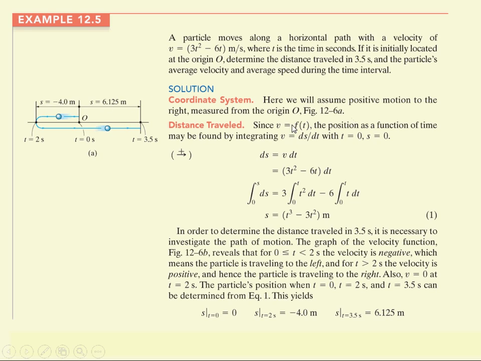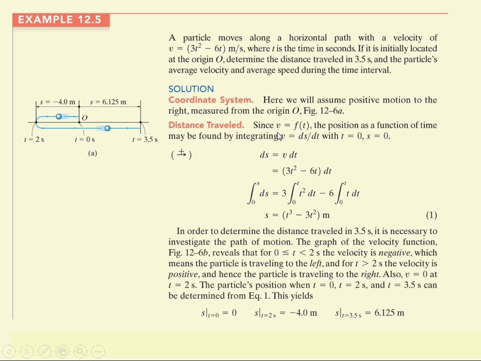So first of all, we need to put a set of coordinate system. We assume that this positive motion is to the right measured from the origin O. So any measure from the origin O to the right is positive.